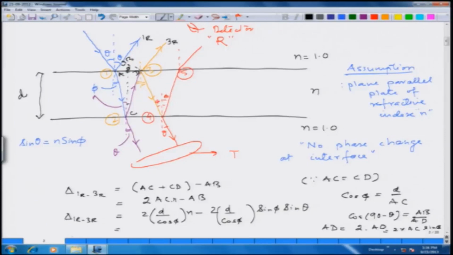So, this will become 2d over cos phi times n minus, and sin phi can be taken as sin theta over n. So, it will become sin square theta divided by n.